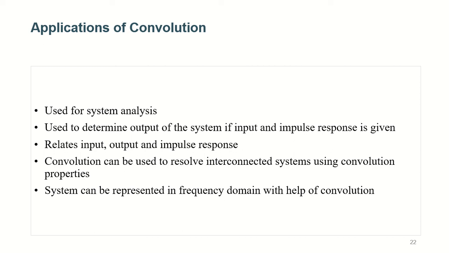If you have heard about Fourier transform or Laplace transform or Z transform, we use these transforms to represent my system in the frequency domain. And convolution plays a major role in it, right? So how do we do that? What do we use to convert my system into the frequency domain? We use pole zero plots.